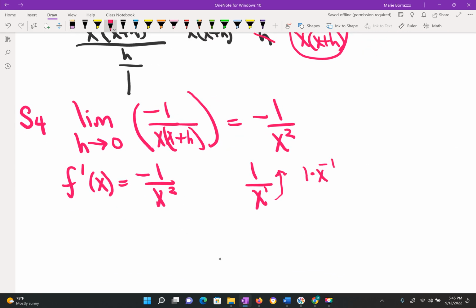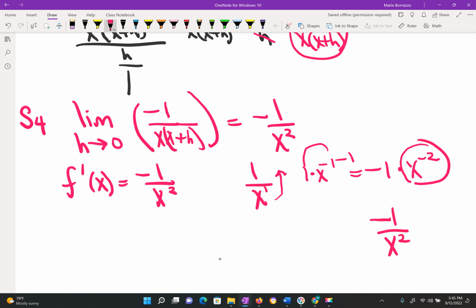So, ready? Negative 1 times 1, well, that's negative 1. And I have to take away 1. Doesn't that become x to the negative 2? And we don't like negative 2 for the exponent. So guess what we do? We drop it like it's hot. Isn't that cool?